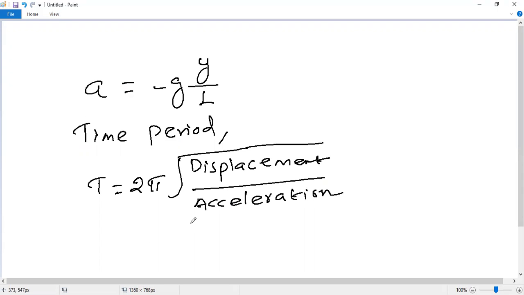So displacement y, acceleration a, 2 pi root of y by a.